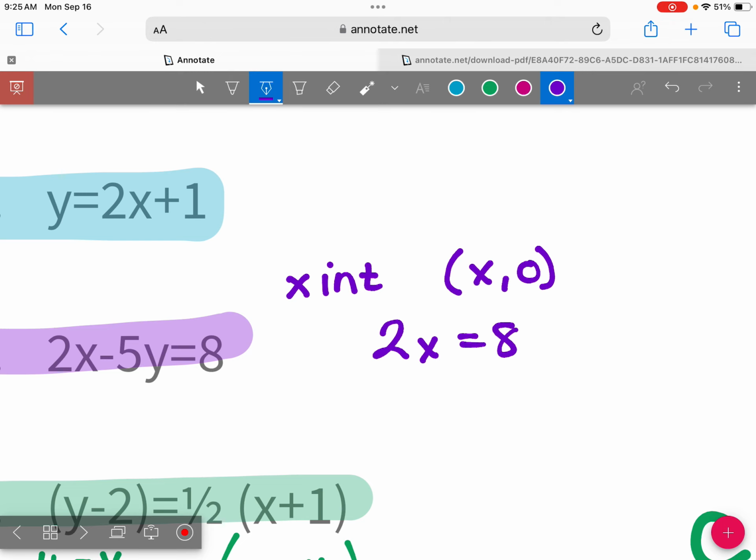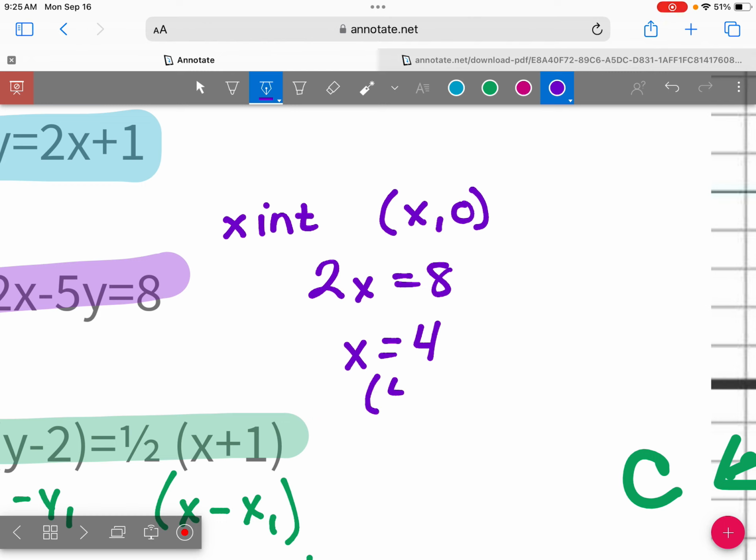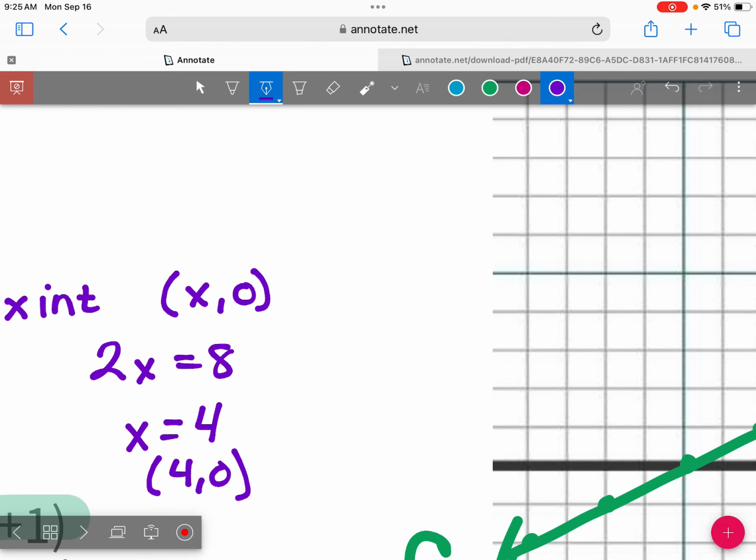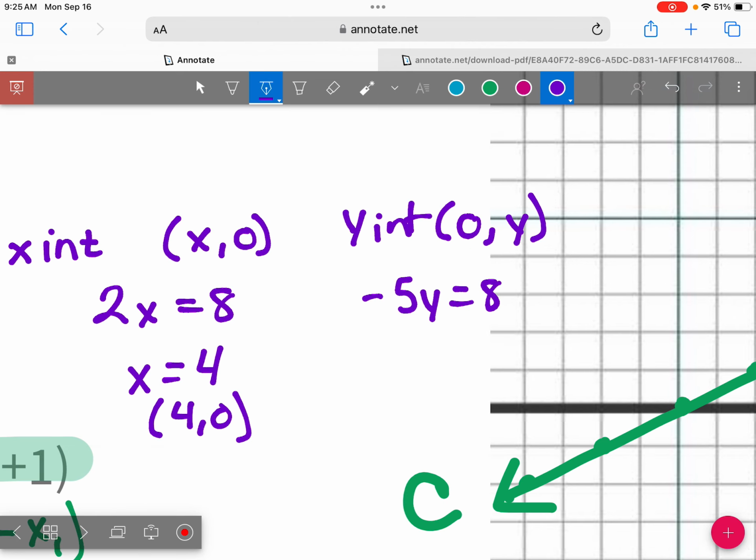So what's our X-intercept? 4. So it's the point 4 comma 0. That one's not too bad, substituting in 0 for Y. To find my Y-intercept, we know that's 0 comma something. So if I substitute in 0 for X, 2 times 0 is 0, so we have negative 5Y equals 8. So what's my Y-intercept?